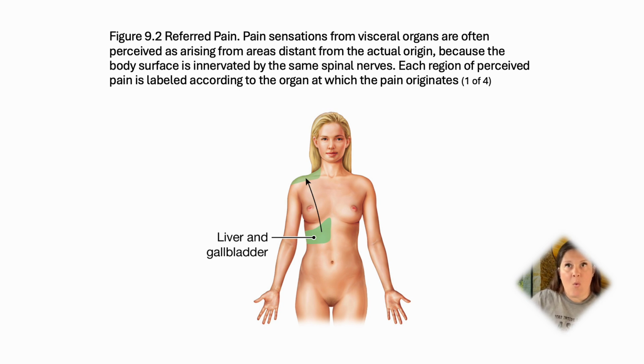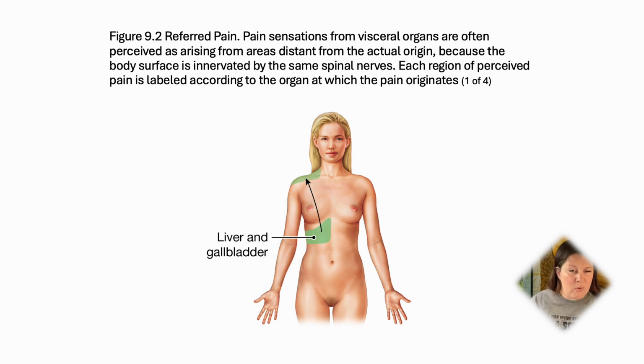When we talk about what is causing pain after a fracture, for example, that pain is really being caused by the periosteum, the free nerve endings that are innervating the periosteum. That's what's really causing the pain.